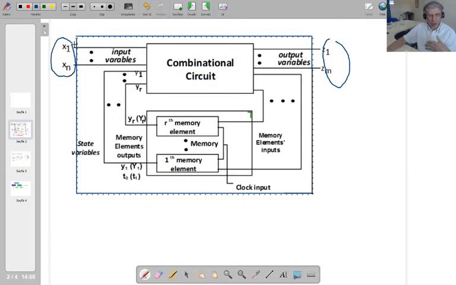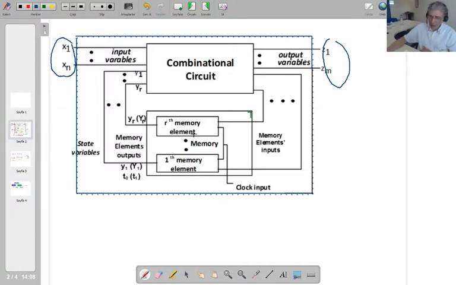So you need additional variables. These additional variables represent the information in the memory. So these variables represent memory elements. Here you are. These are the memory elements we have got.